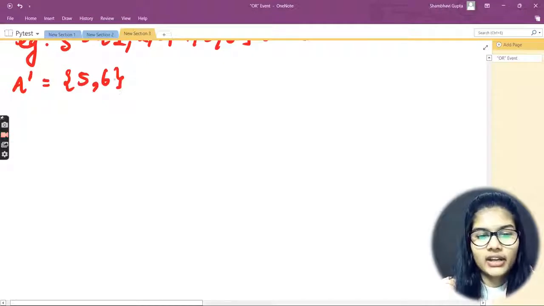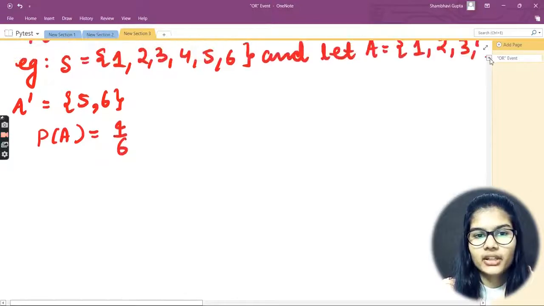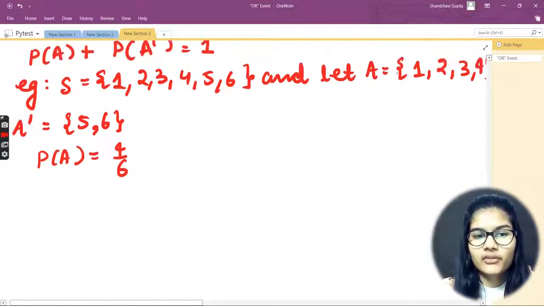Now if I have to find the probability of A, my probability of A will be 4 by 6, because in the total sample space we have 6 numbers, and for A we have 4. So it's 4 by 6, right?